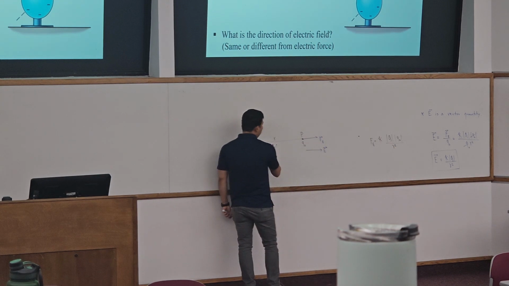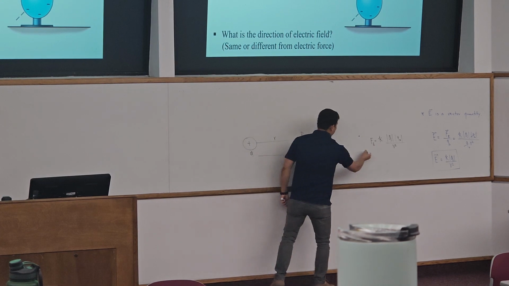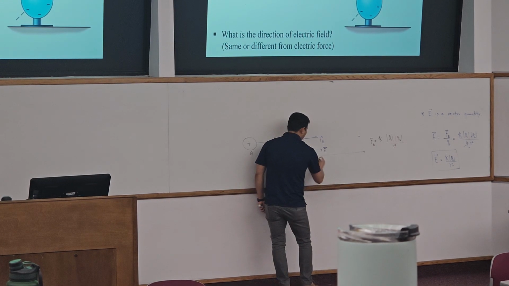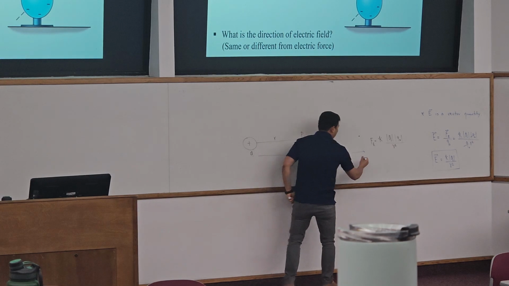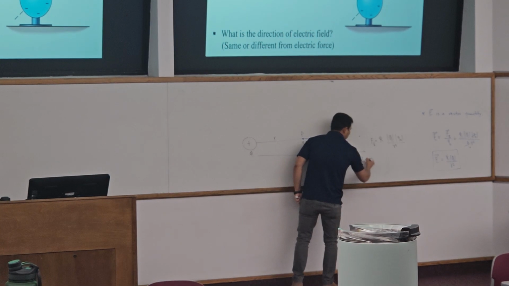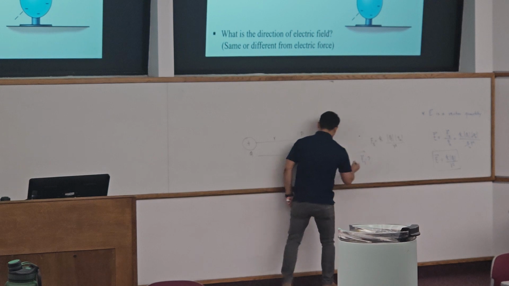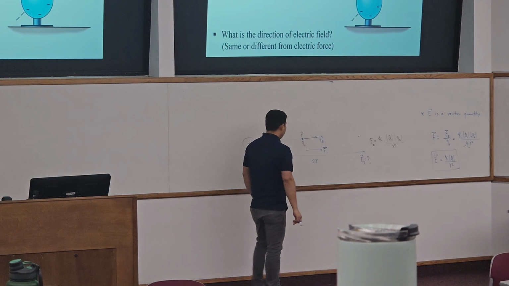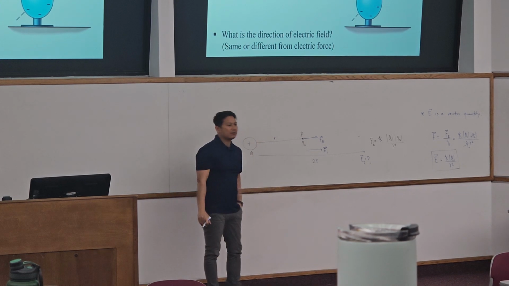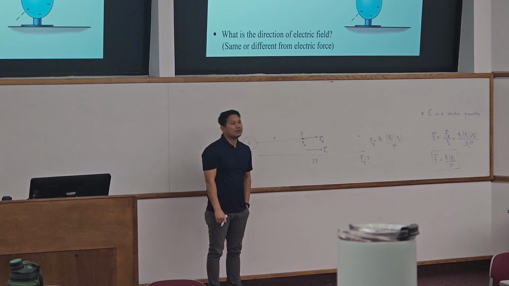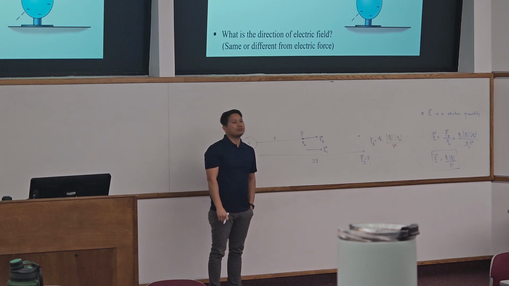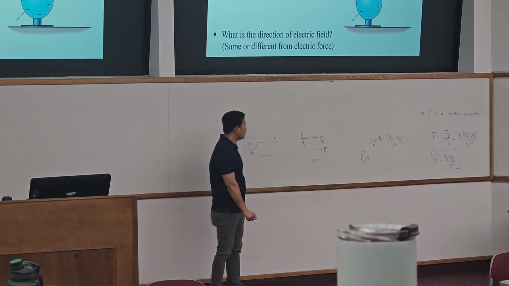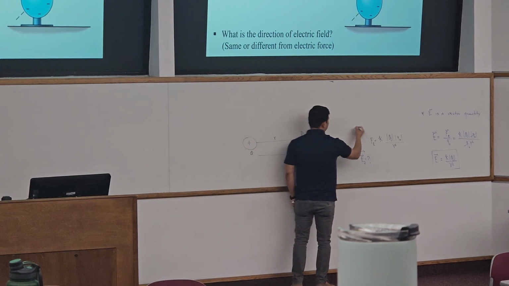If you have an r distance over here, and if you go to 2r distance, let's say E2, this is E1. If you double the distance, by what factor will the electric field change at this point, let's say P prime?